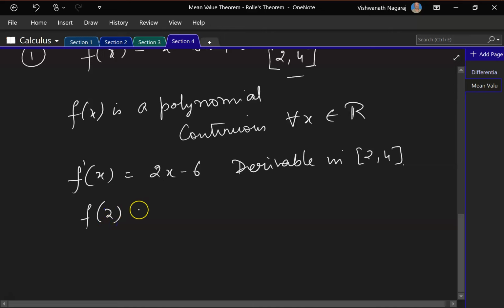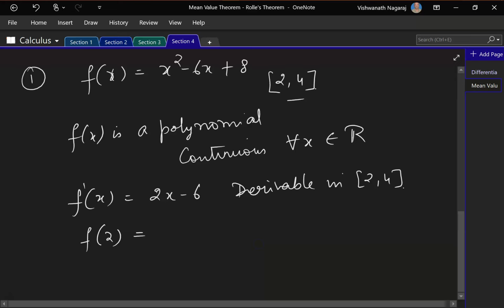So f of 2 is equal to, in x square minus 6x plus 8, substitute 2. Remember, this is a, this is b. So f of a is 2 square minus 6 times 2 plus 8. 4 minus 12 plus 8, which is 8 plus 4, 12, 0.